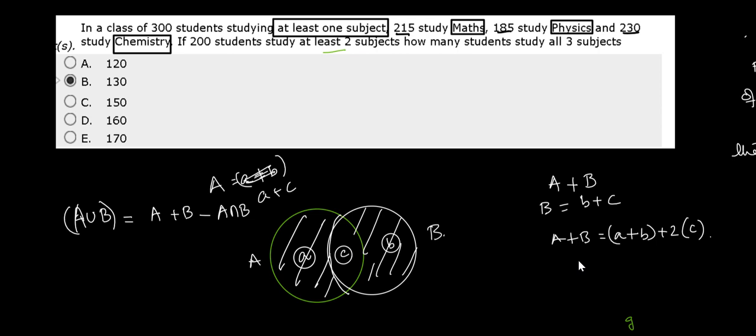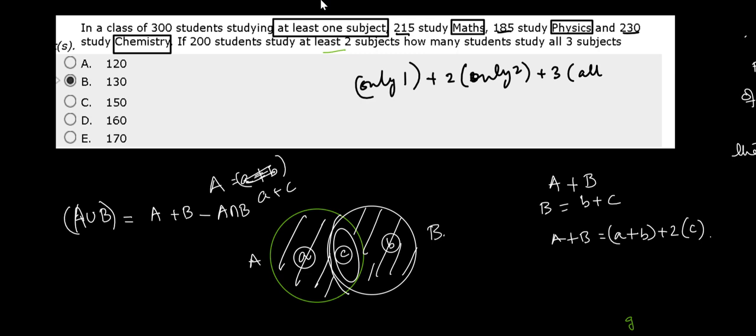Only once plus two times only two plus three times all three is equal to A plus B plus C. Clear? Yes, sir.